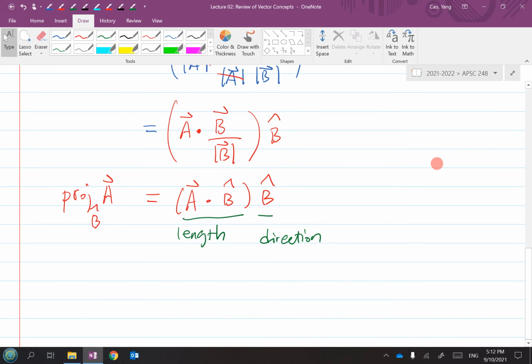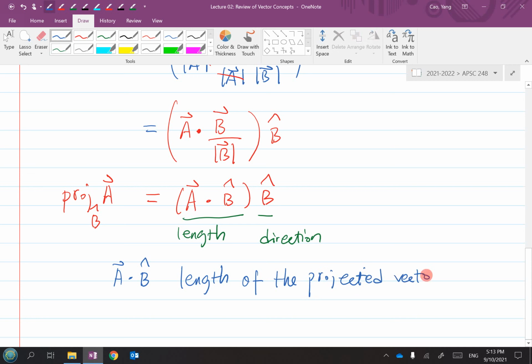Now you can clearly see that in this current example, the length is represented by A dot B hat. And if I have to describe it very precisely, I will say this is the length of the projected vector.